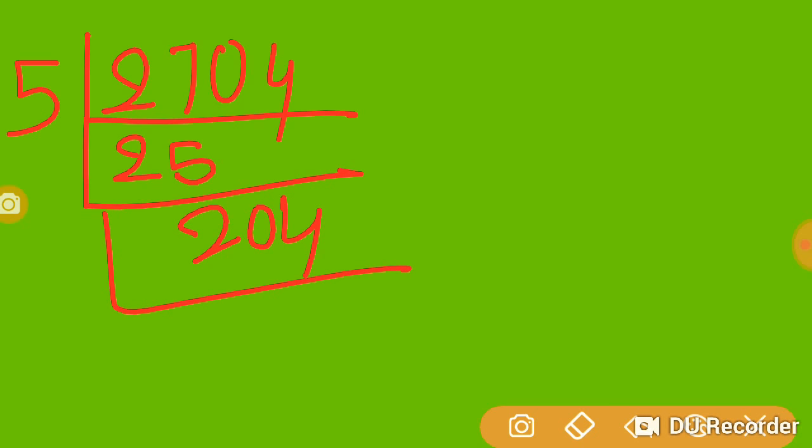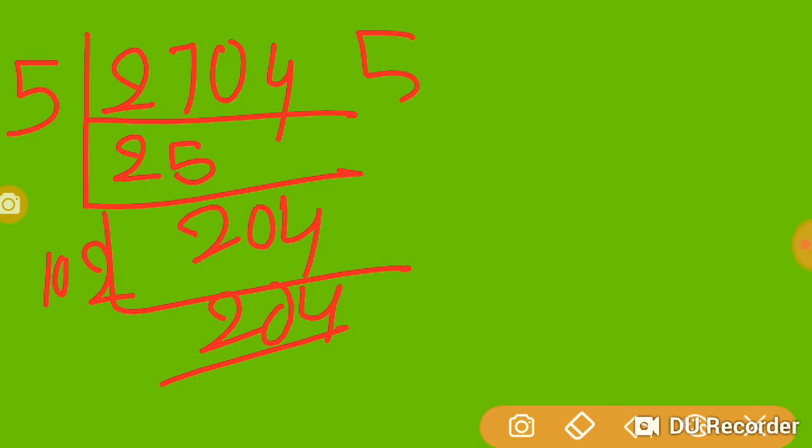If we divide by 5, we will get 25, then we will get 204. If again we divide with 102, we will get 204.